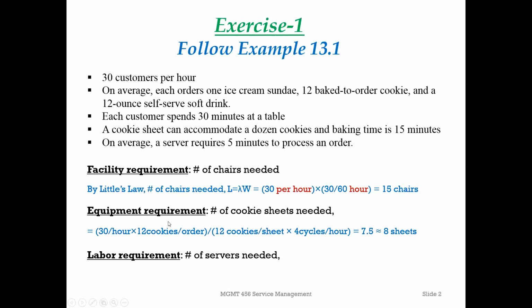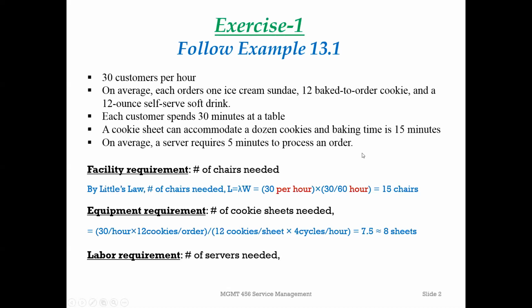The numerator tells us how many cookies we need to make each hour. We also have to look at the denominator: how many cookies we can make with 1 cookie sheet. A cookie sheet can accommodate a dozen cookies, so every time you use a cookie sheet, you can make 12 cookies.